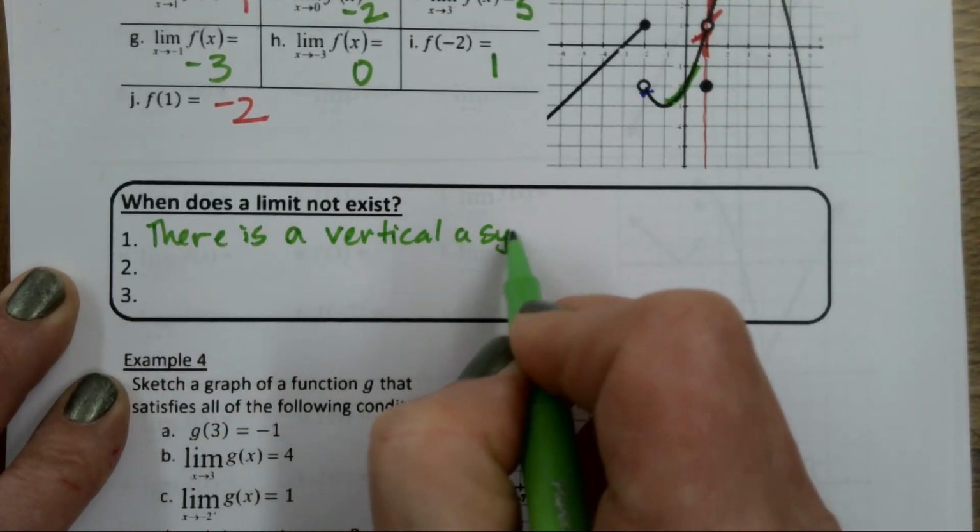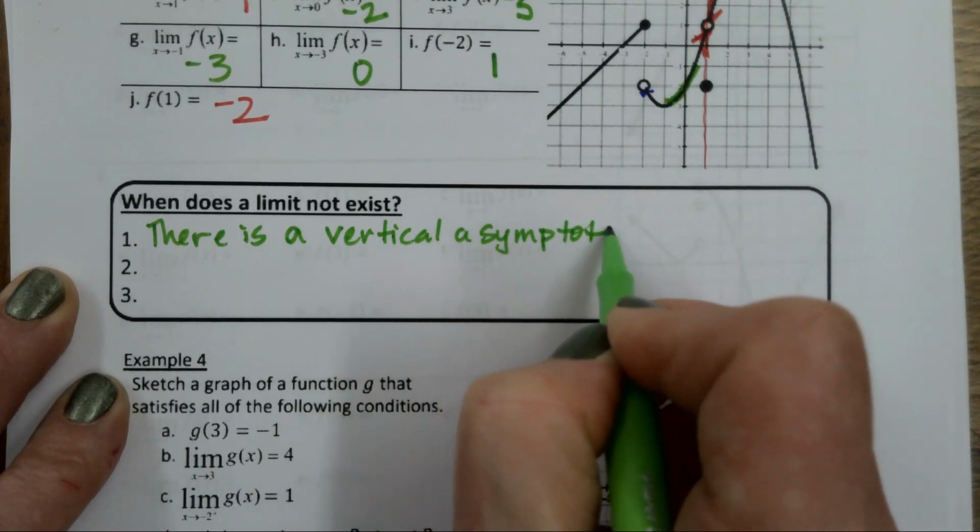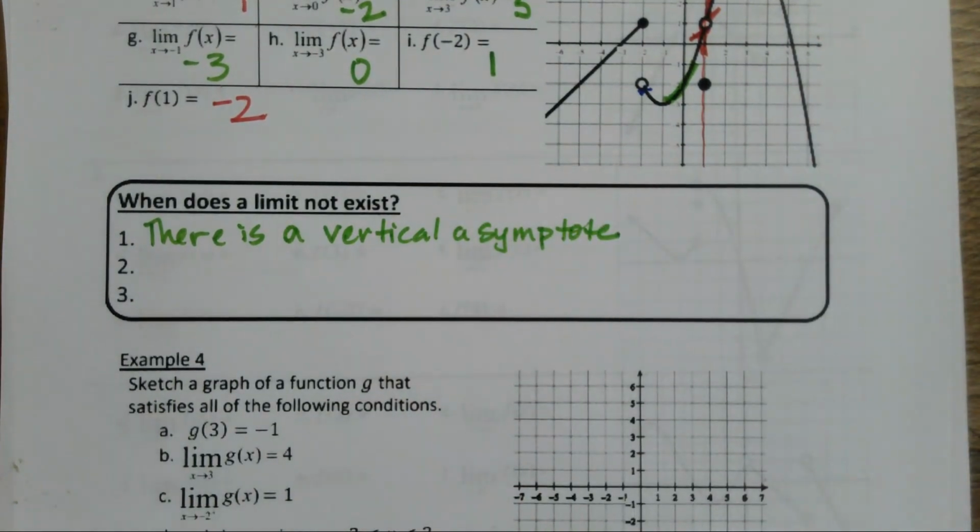What do I mean by that? A point on the y, going up and down. Yeah, where your graph can't even cross over. And we've seen asymptotes already this year when we graphed like tangent and cotangent, secant, cosecant.